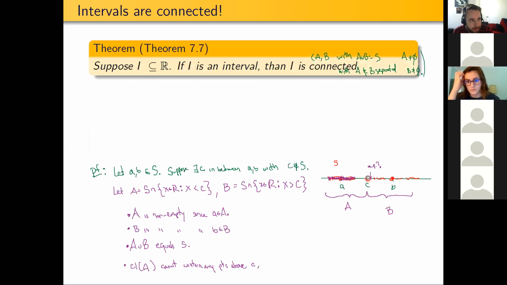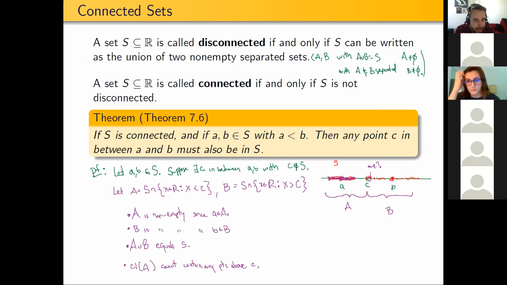So there would have to be elements of A that were above C as well. So if there was an element of the closure of A that was bigger than C, there would have to be elements of A itself that were bigger than C. And by our construction of what A is, that would be impossible. So we know that the closure of A intersect B is empty.